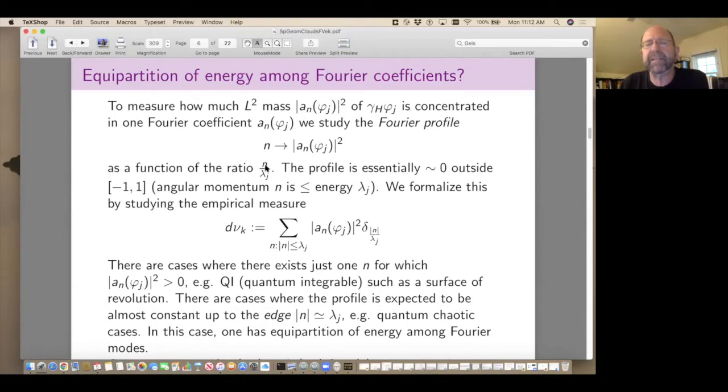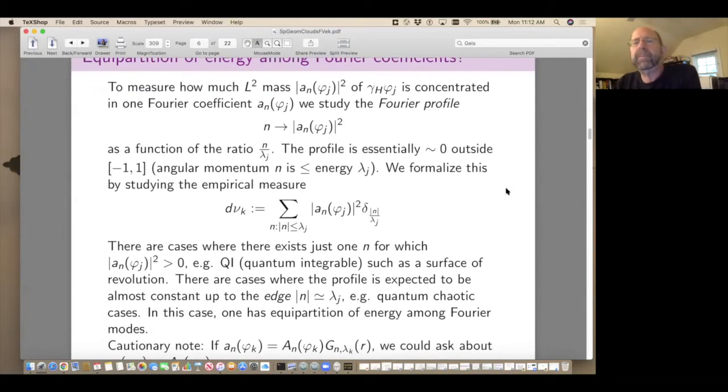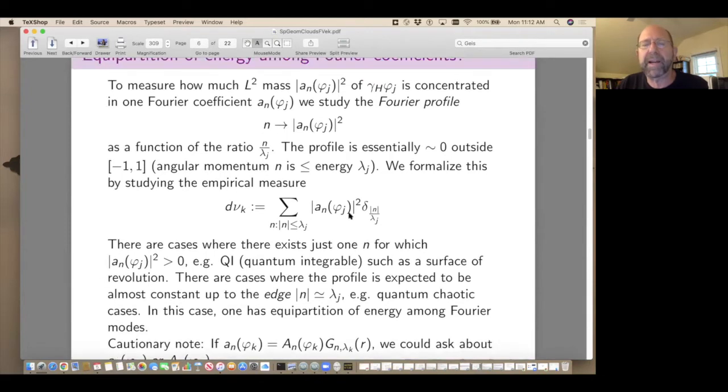And we really study it as a function of n over lambda_j. We can formalize the question by making an empirical measure. On the left-hand side, that k should be a j. For each j, that is for each eigenfunction, we define a measure on -1 to 1 supported at the points n divided by lambda_j, and at those points we put the modulus squared of the Fourier coefficient.